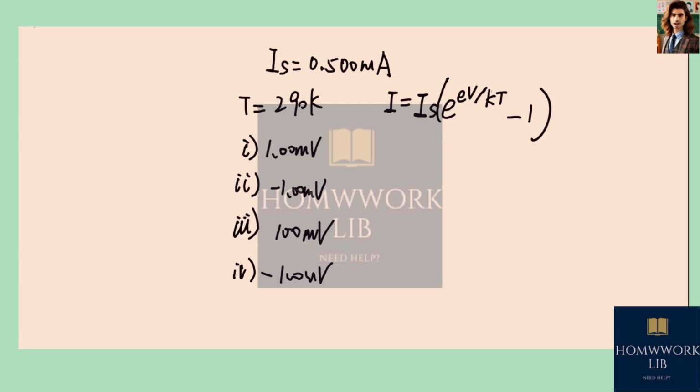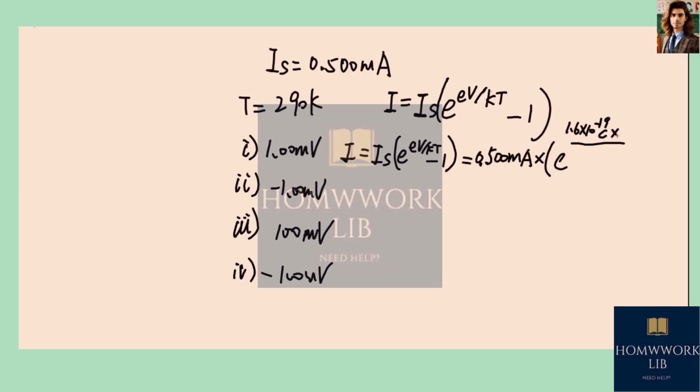The first one: I equals Is times e to the power of eV over kT minus 1. The saturation current is 0.500 milliampere times the exponential of e, the charge carried by an electron, 1.6 times 10 to the negative 19 coulomb.